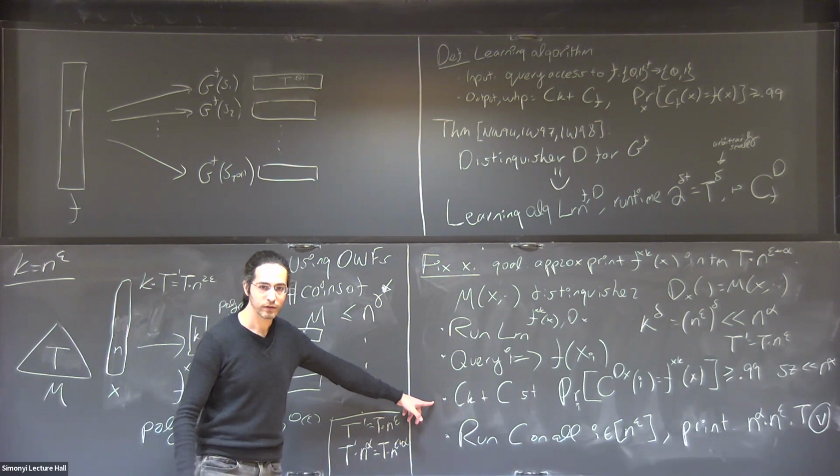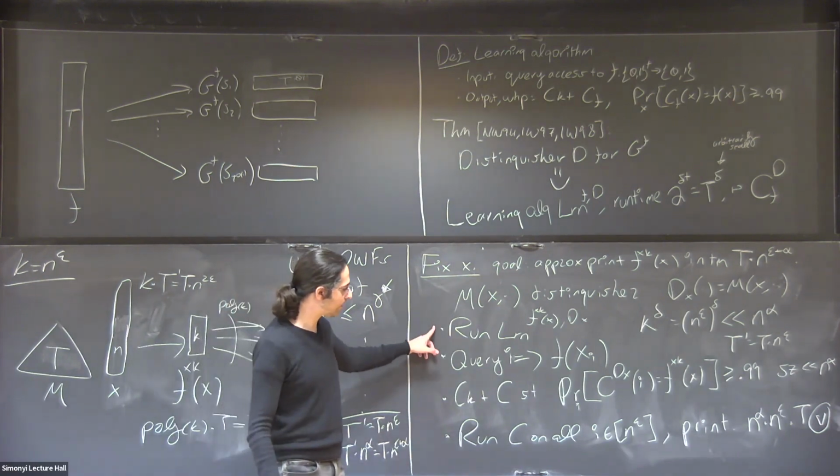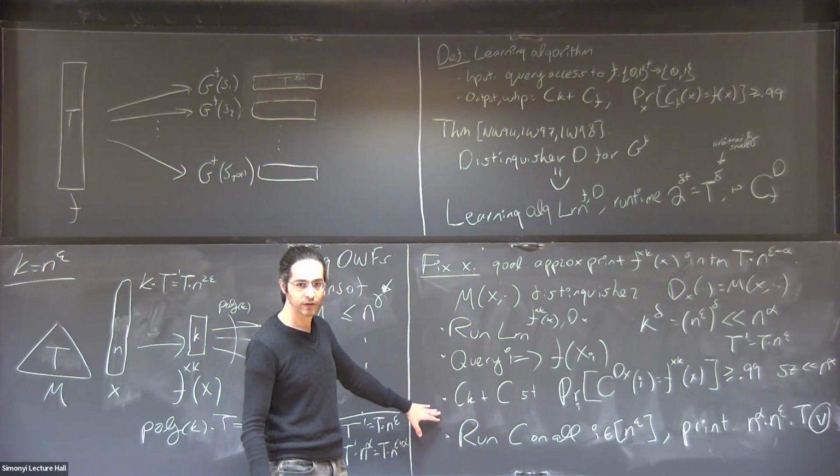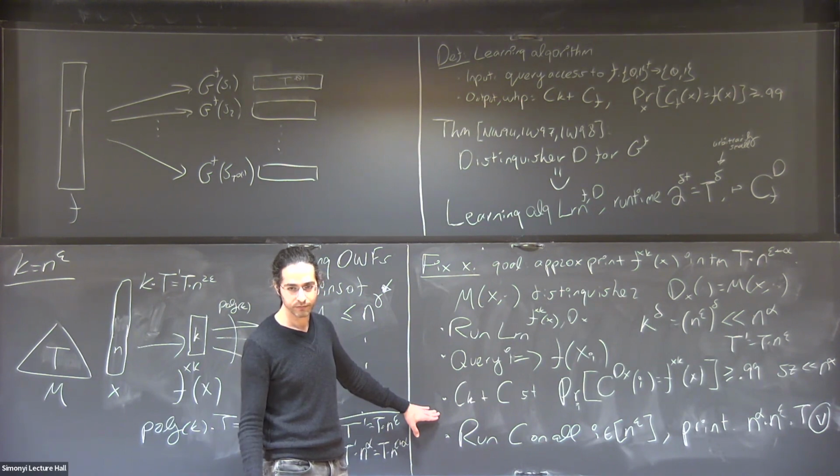This one? Yeah. So the learning algorithm gives us, this is the definition of a learning algorithm, it gives us a circuit such that the circuit is able to compute the hard function on 99% of the inputs. Because the learning algorithm is using some error correcting code?